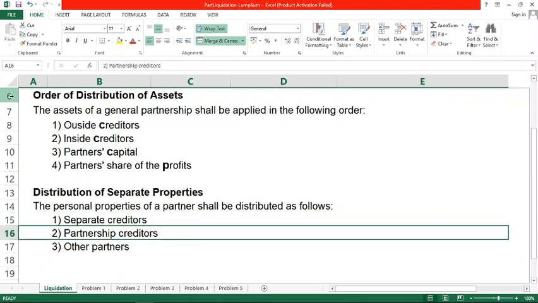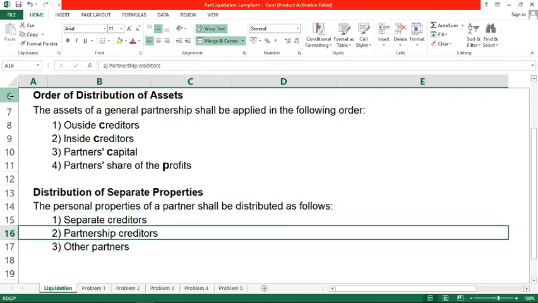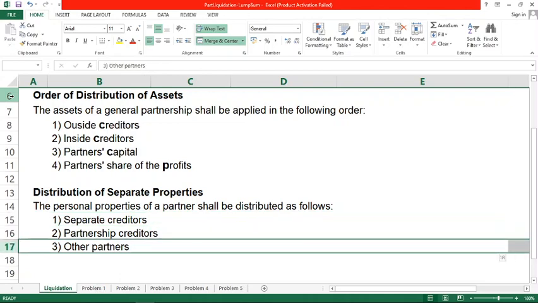I could no longer carry the liability of the partnership. So, somehow I can be called an insolvent partner this time. And then, after, if dili pud ko insolvent or if I am solvent, I have enough asset after paying my separate creditors, nakabayad pud ko sa creditors sa partnership, then if I have any liability to the other partners, then that liability should also be paid by my personal property.